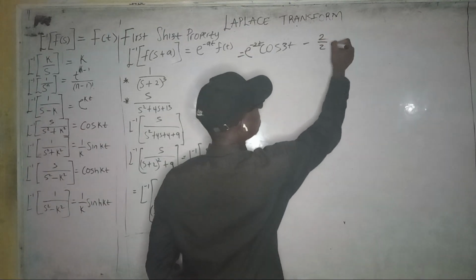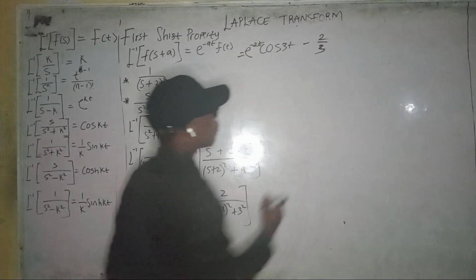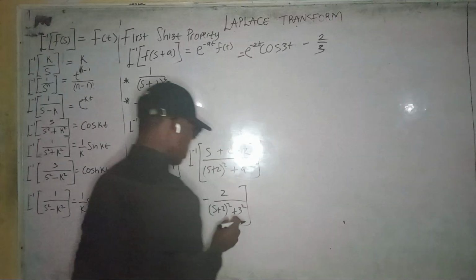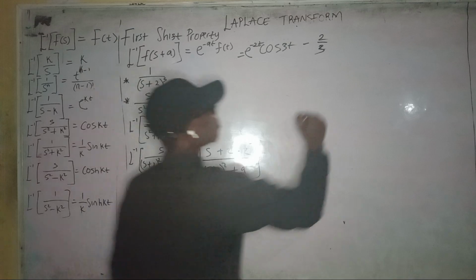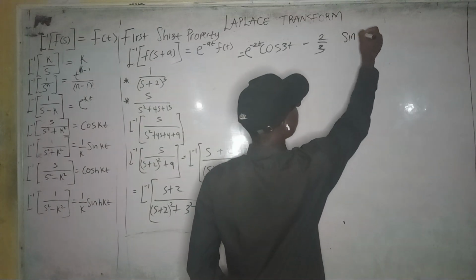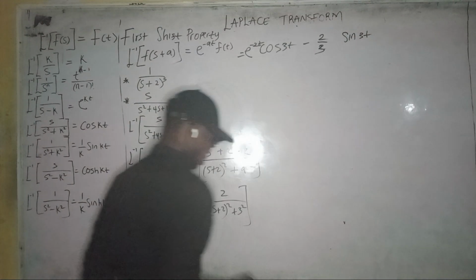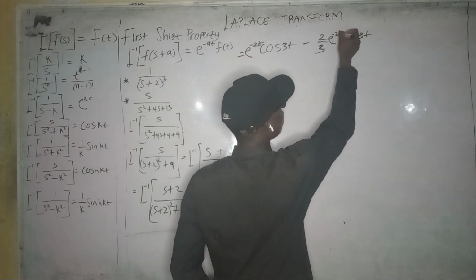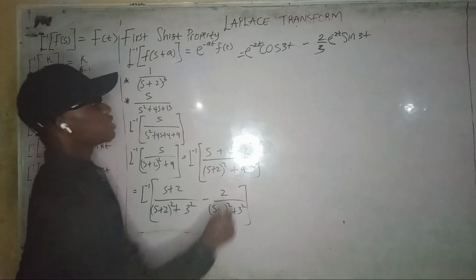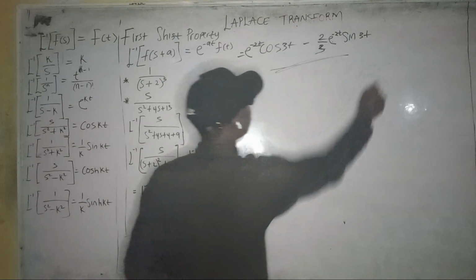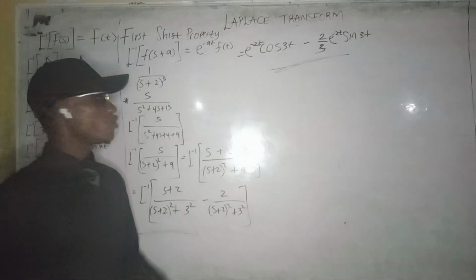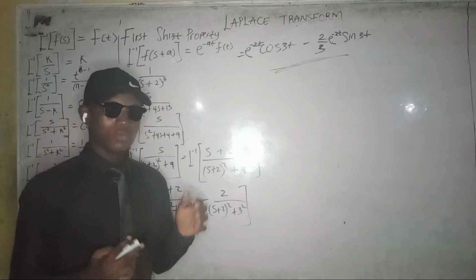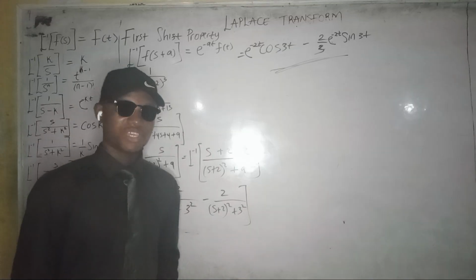So that is minus 2 over 3, and without the plus 2, this is going to become sin 3t, and now with the plus 2, we will have e raised to the power minus 2t. So this here is going to be our final answer for the question that we see here on the board. So with just one or two manipulations, with a little bit of manipulation, you will always get where you want to go.